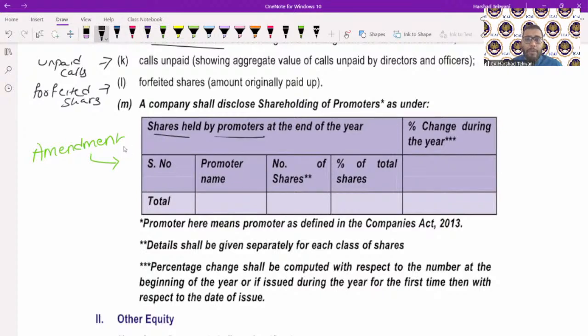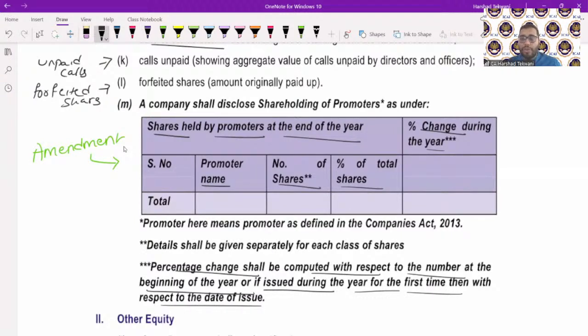Shares held by promoters at the end of the year: name of the promoter, number of shares, percentage of total, and percentage of change during the year. Percentage shall be computed with respect to the number at the beginning of the year, or if issued during the year for the first time, then with respect to the date of issue.